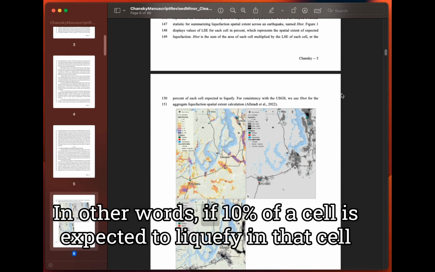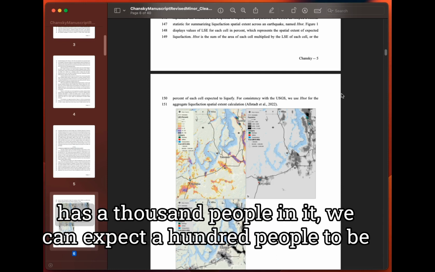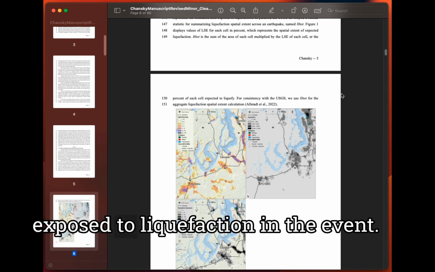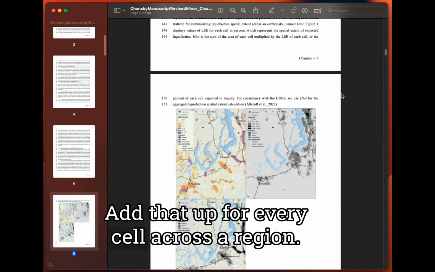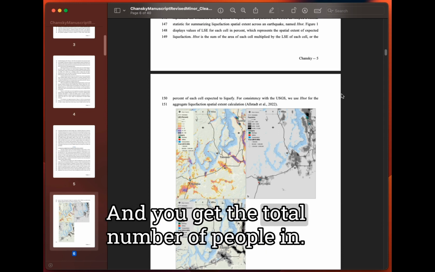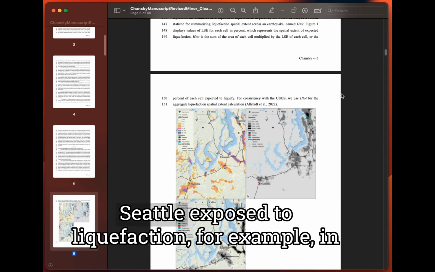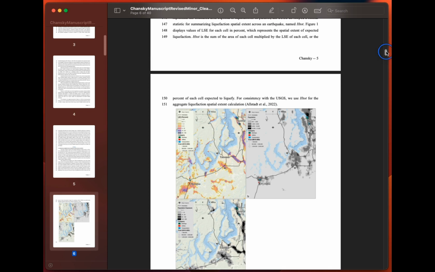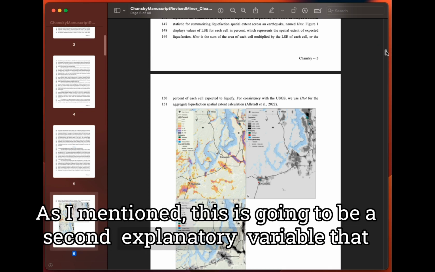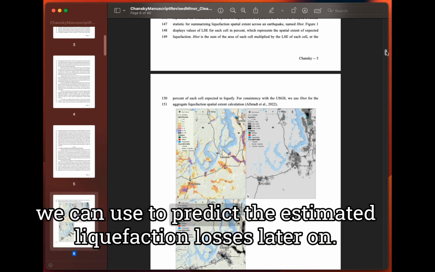In other words, if 10% of a cell is expected to liquefy and that cell has 1,000 people in it, we can expect 100 people to be exposed to liquefaction in the event. Add that up for every cell across a region, and you get the total number of people in Seattle exposed to liquefaction, for example, in a Seattle-based earthquake. As I mentioned, this is going to be a second variable that we can use to predict the estimated liquefaction losses later on.